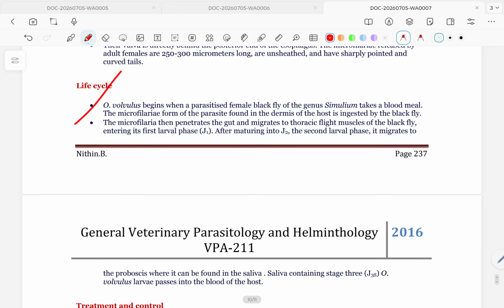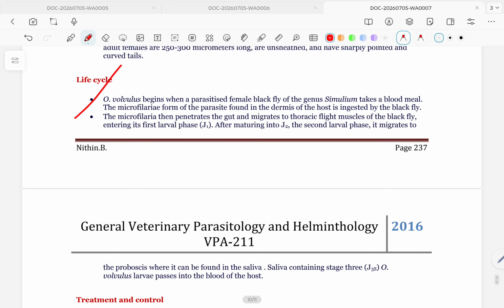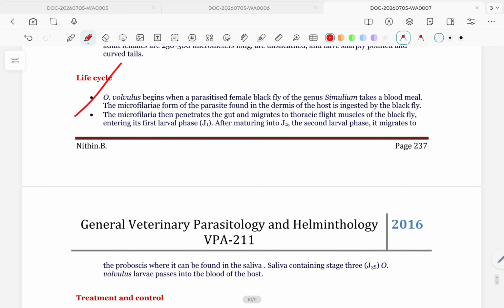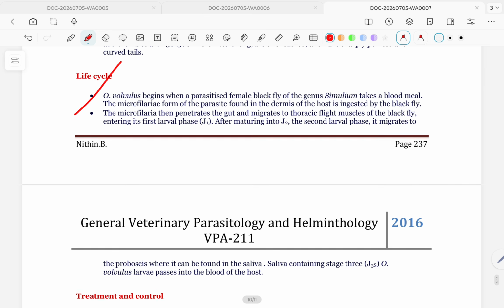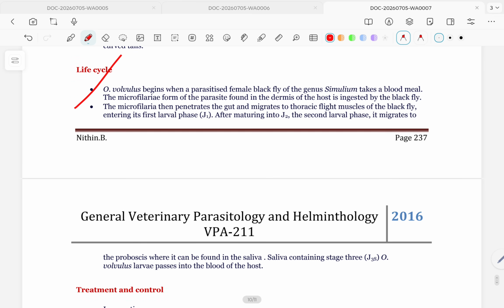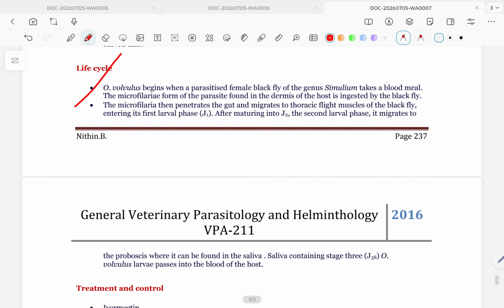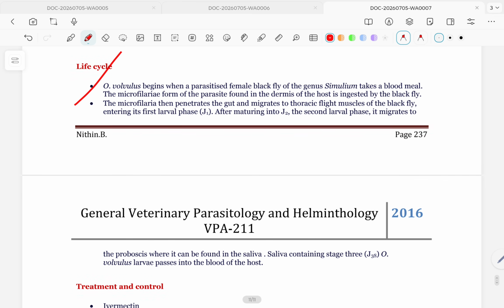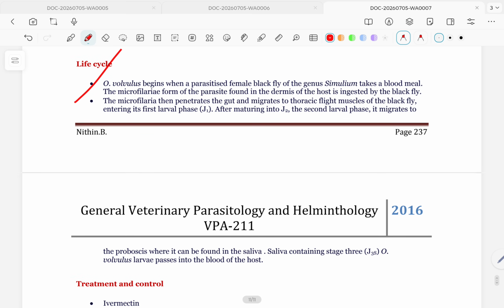The life cycle of O. volvulus begins when a parasitized female black fly of the genus Simulium takes a blood meal. The microfilaria form of the parasite found in the dermis of the host is ingested by the black fly.